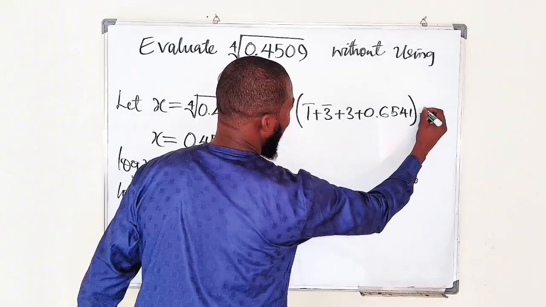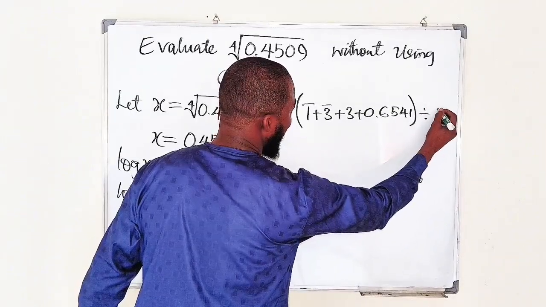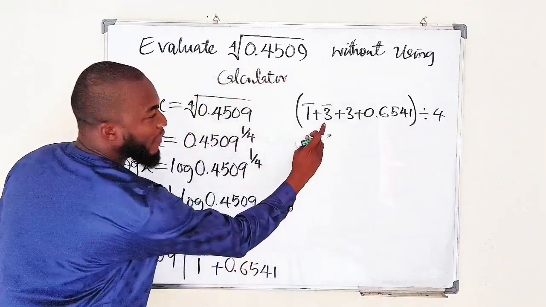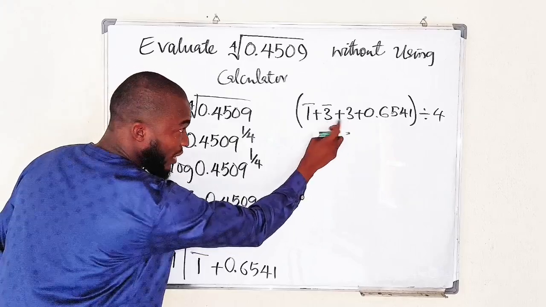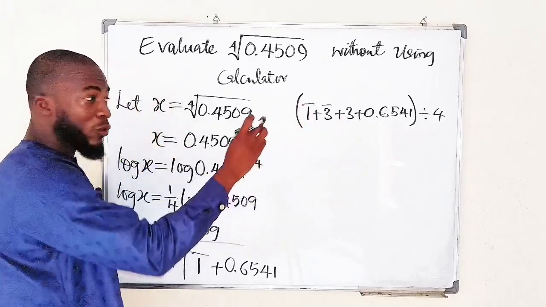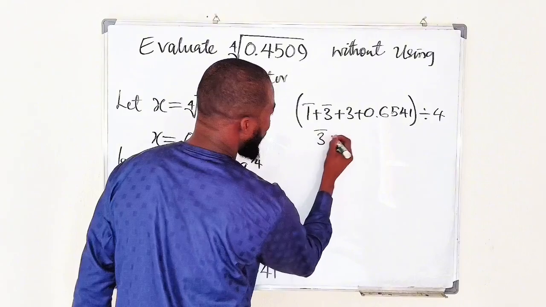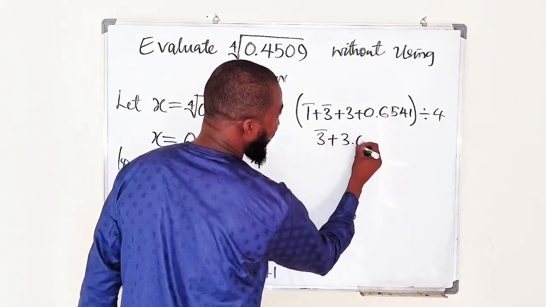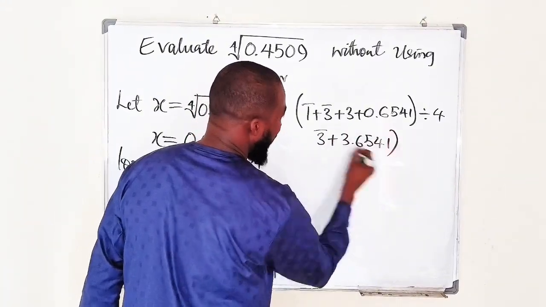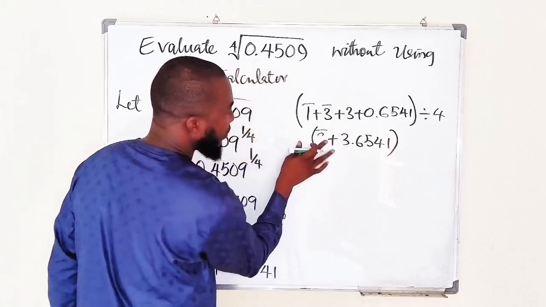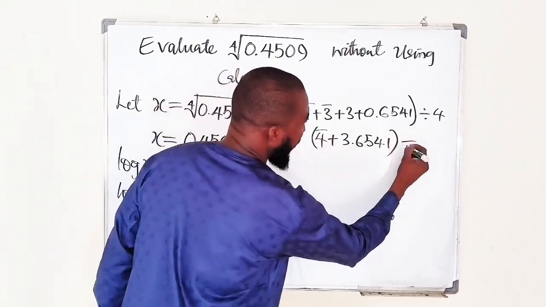Look at it. Remember, we are going to divide this by 4. So we have added negative 3. We added 3, we subtract 3 is 0, right? So this becomes bar 3 plus 3.6541 divide, oh, this is bar 4, sorry, divide by 4.